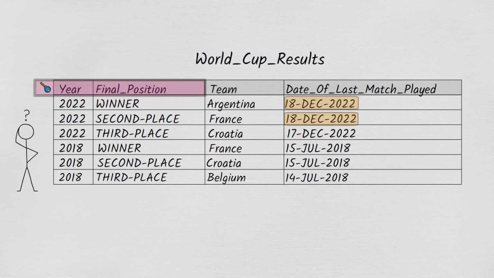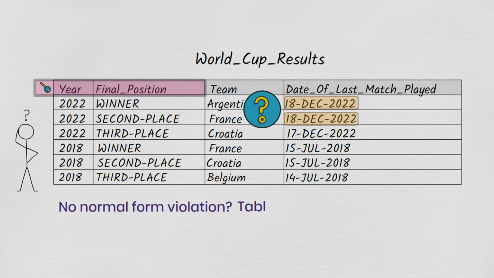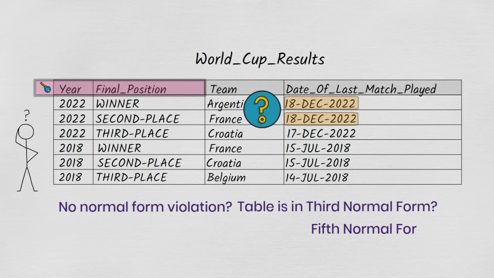Well, it's not clear it gets us anywhere, because what normal form deals with that issue? Who knows? Maybe none of them. Another dead end. You're half thinking there's no normal form violation here at all, which would mean, what, the table is in third normal form? But why just third? If there really is no violation, maybe it means the table is in fifth normal form?